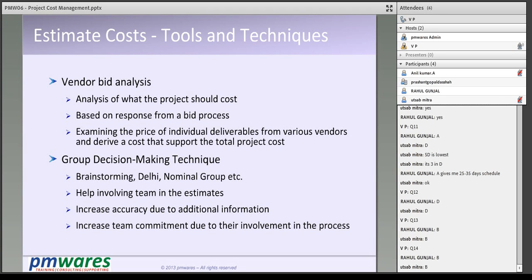Other things are not so essential. They also compare the cost with the approach and then come out with the estimation, and that is called vendor bid analysis method. So they learn from the vendors how the project will be done and what should be the cost of the project.